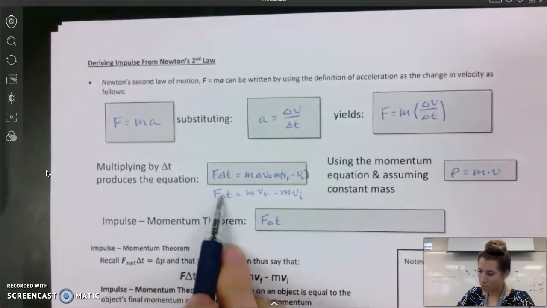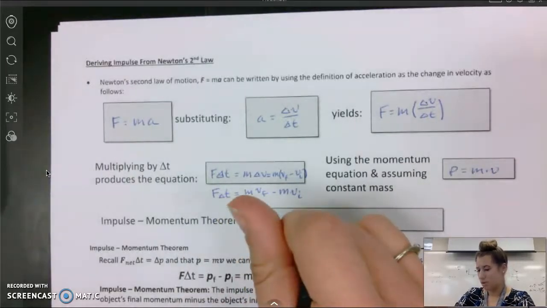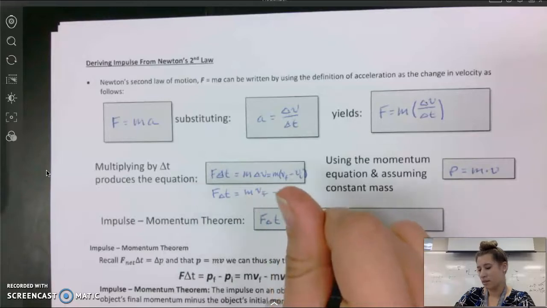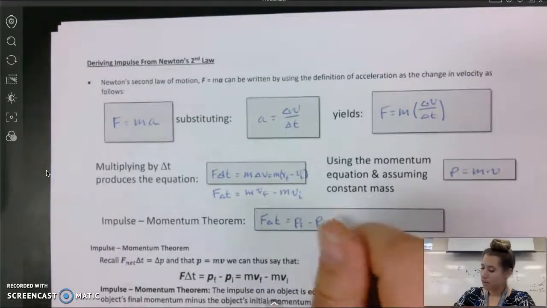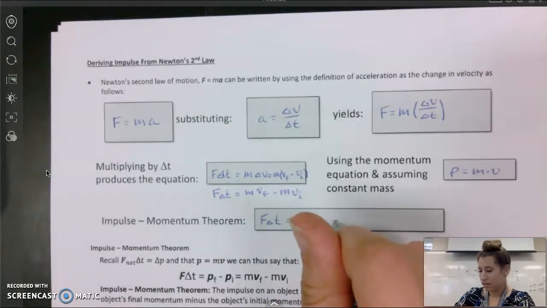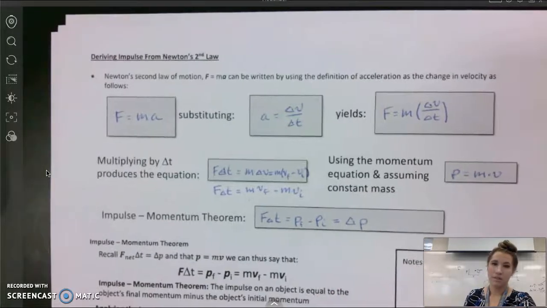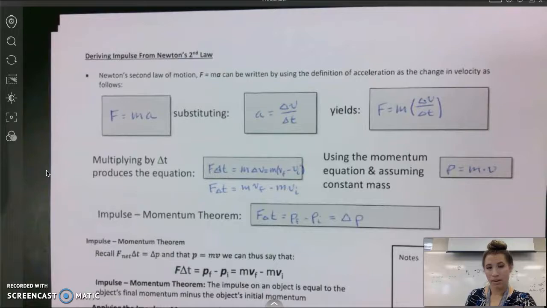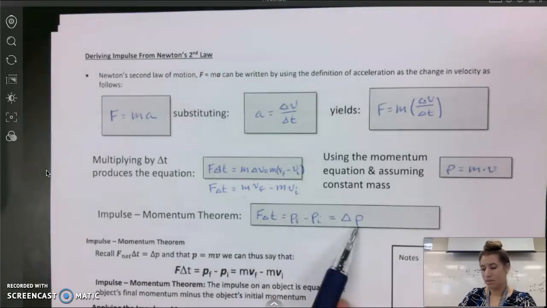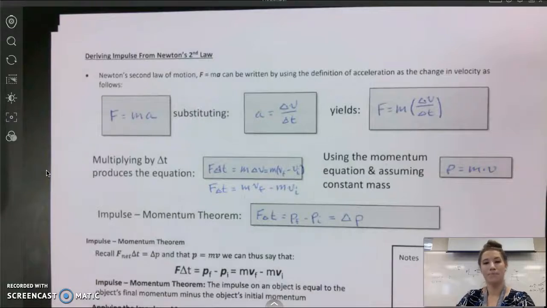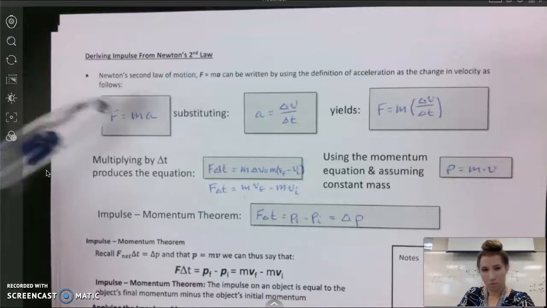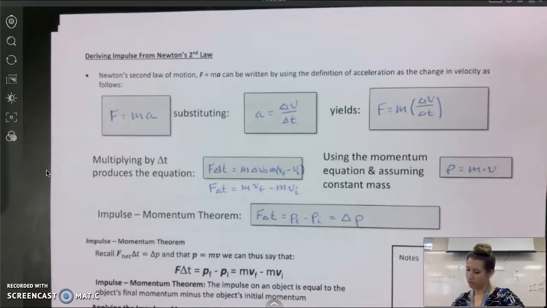We didn't lose this. Impulse is equal to momentum final minus momentum initial, and final minus initial is just delta. That's the change in momentum. So starting with Newton's second law, we were able again to derive that impulse is equal to a change in momentum. Okay? So practice that and make sure that you're comfortable with deriving those equations from one another.